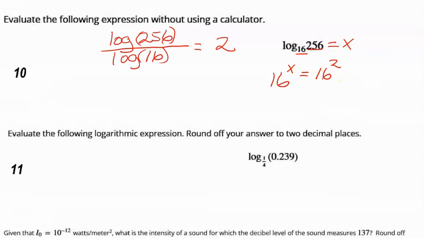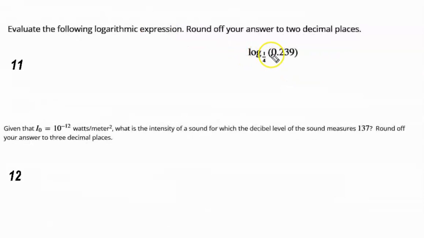All right, we're almost finished. Now, reaching into your toolkit, here we would use the change of base or change of log formula. The log, you can use natural log or regular log, of 0.239 divided by the log.